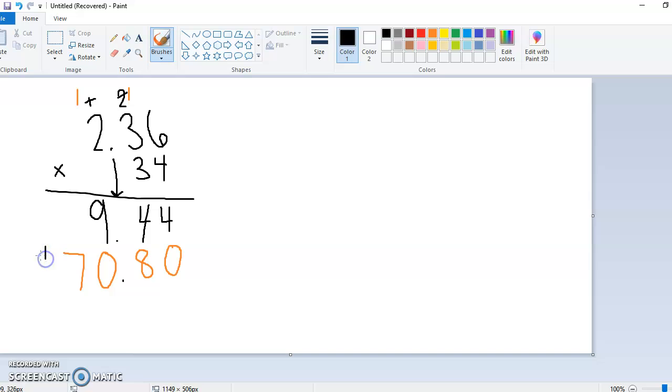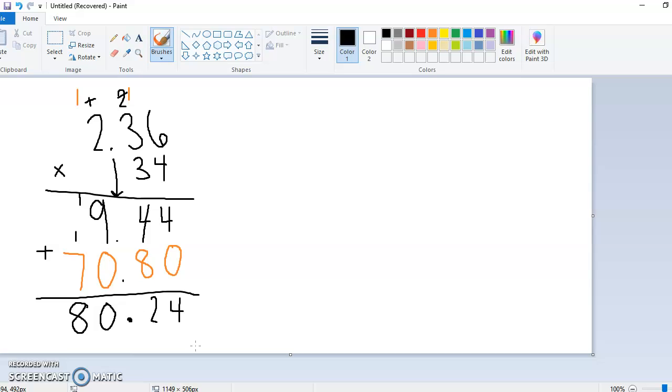Then we'll add these two together to get our product. 4 plus 0 is 4. 4 plus 8 is 12. And then look, I'm keeping my decimal point. I'm carrying my 1 for my 12. Okay, 9 plus 0 is 9, but we have that 1, so that is 10. And 1 left. And our product for this problem is 80 and 24 hundredths.